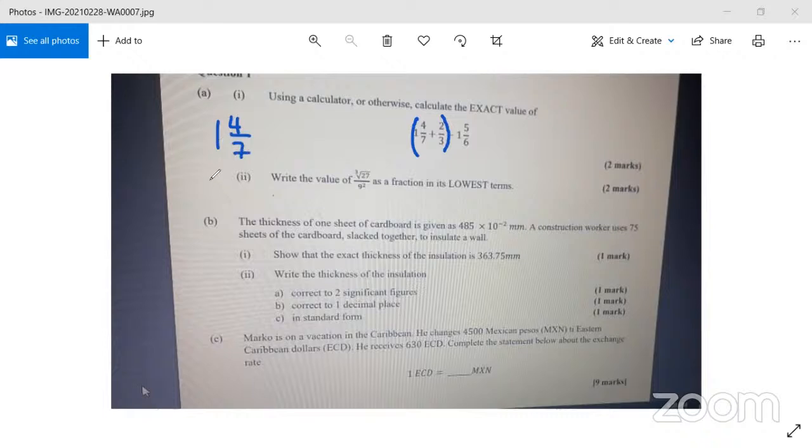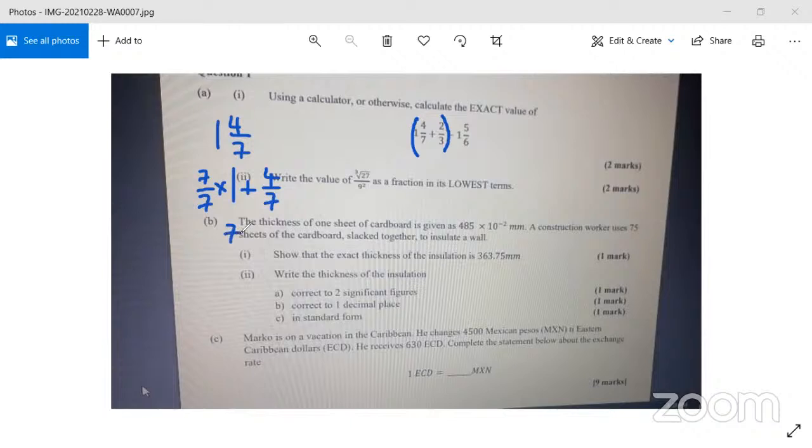So this would be, I would say, 7/7 multiplied by 1, and you add that to 4/7.